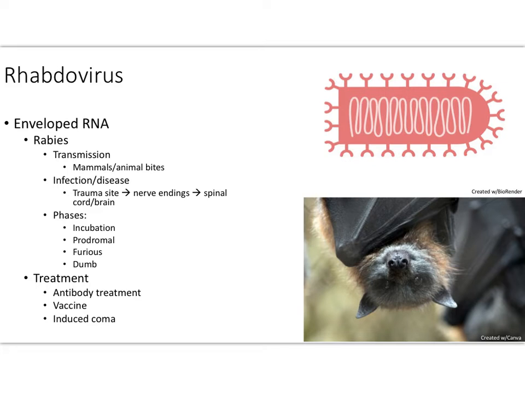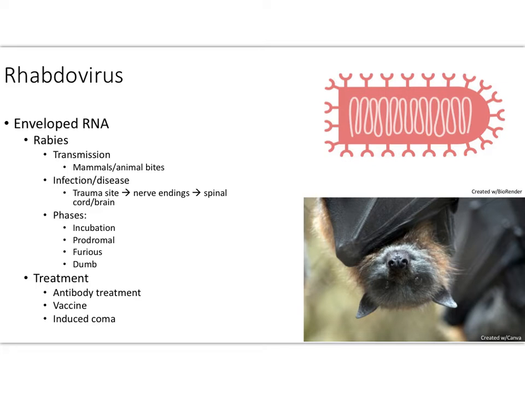In terms of the infection or the type of disease it causes, basically the virus is a very slow-moving virus. It takes a long time to migrate through the body, and it moves from the trauma site, which is basically the site of injection or wherever the virus made it into the body, the bite or the scratch, or sometimes even just being exposed to the saliva, like I said, of a bat, and getting into the body through some kind of mucous membrane that way.